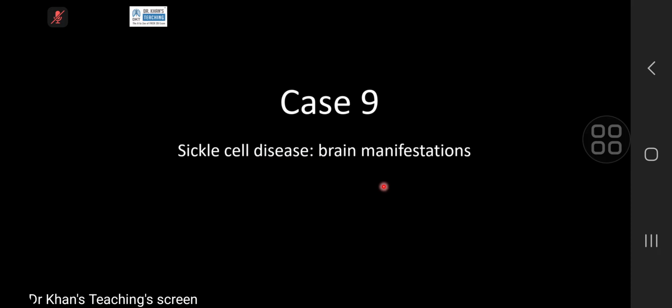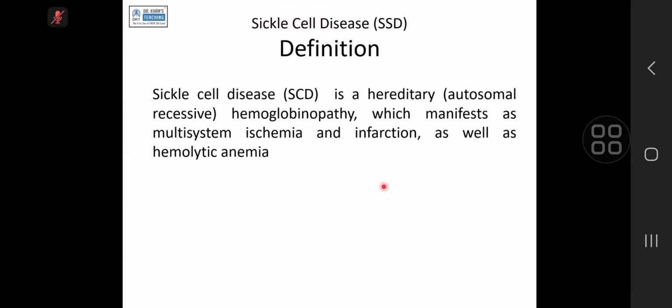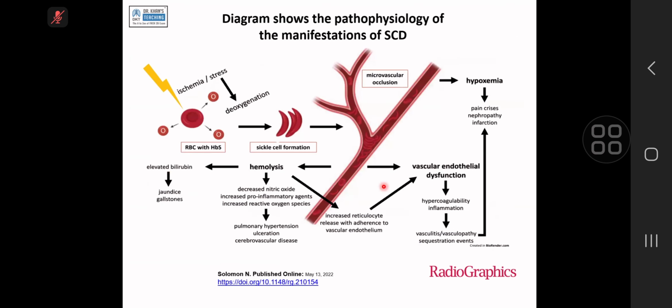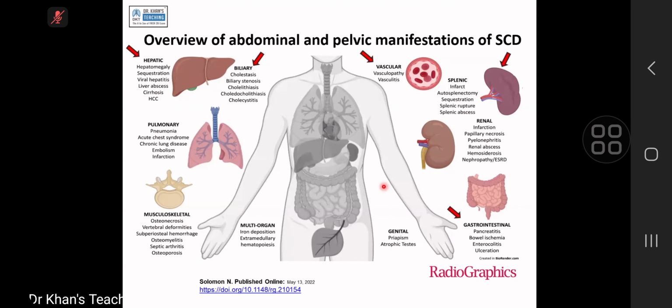I showed you sickle cell disease with acute chest syndrome, and this one is the brain part of it. These are the same slides which I showed you previously, and it can actually happen in any part, any system of the body.